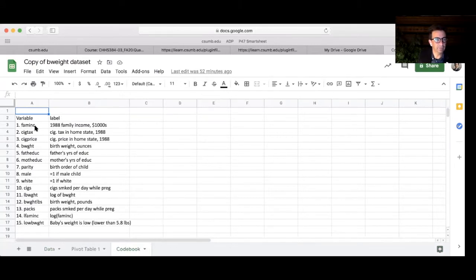The first variable is family income in $1,000. This is an old survey, 1988.